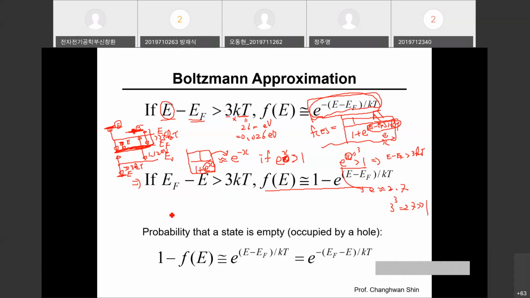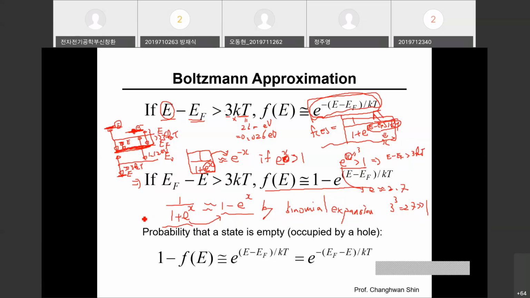Herein, 1 over 1 plus exponential x can become 1 minus exponential x by binomial expansion. I won't talk about too much detail of the derivation steps from here to there. If you're interested in it, please go back to the calculus, 미적분학, and you will see this equation.